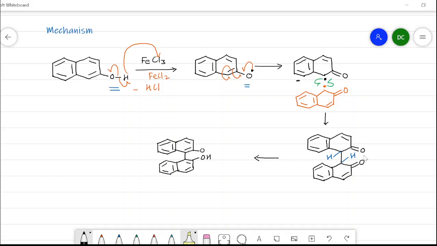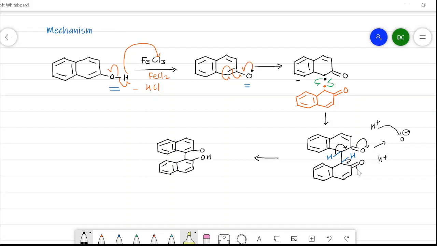Now this ketone form is going to convert into the phenol form. How? By the shifting of this bond here, then this hydrogen becomes positively charged. This bond will shift here, then again we are getting a positive charge here. As this bond shifts here, there is a shifting of this bond also onto the oxygen, so that it will form an O minus ion, and this O minus combines with the hydrogen.